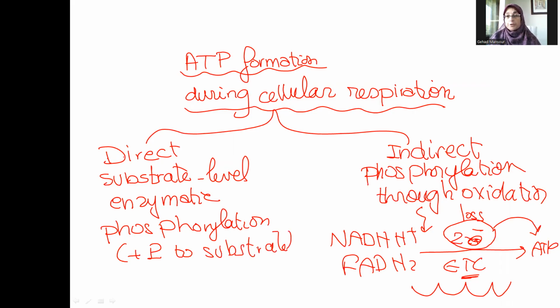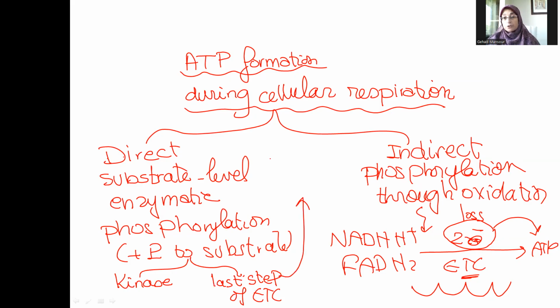Along cellular respiration, we have seen direct phosphorylation twice via two types of enzymes. The first one are the kinase enzymes that we have seen in glycolysis, and we have seen it once per turn of Krebs cycle. And the other one is the last step of the electron transfer chain, which is the function of the ATP synthase enzyme.